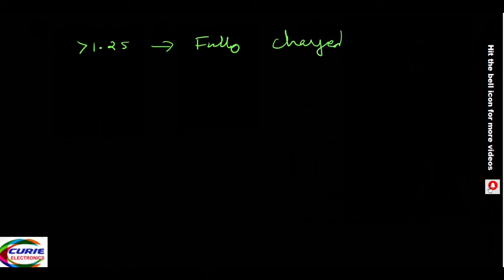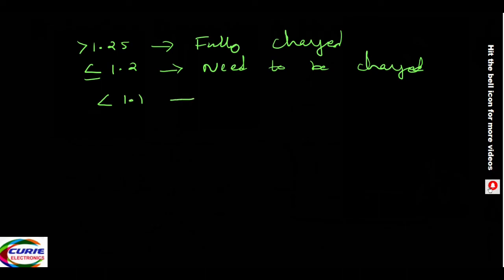If it is less than or equal to 1.2, it needs to be charged. And if it is less than 1.1, then the battery is useless. That is all about the hydrometer. I hope you understood what a hydrometer is.